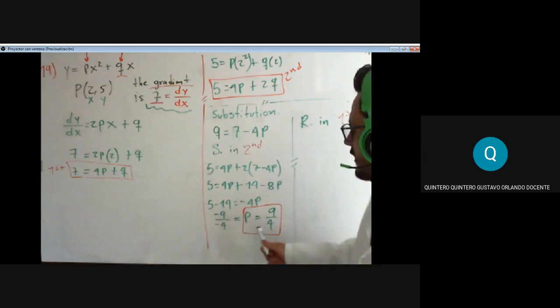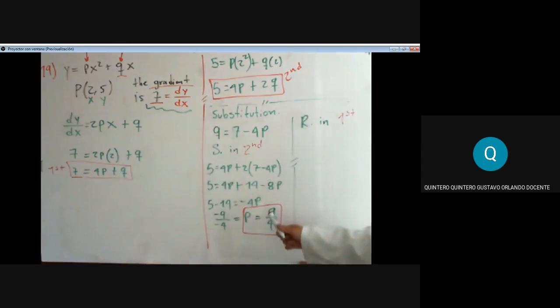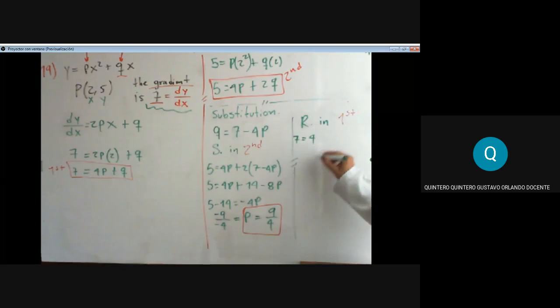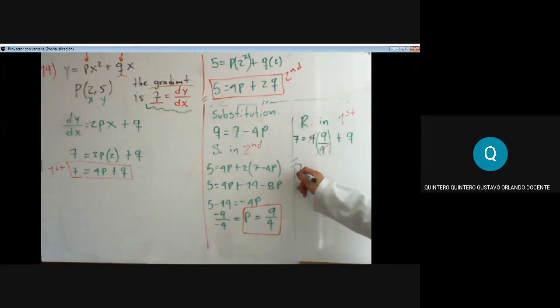All I have to replace is p for 9 over 4. So 7 equals 4 times p, so 4 times 9 over 4 plus q. But look at this. The 4 and the 4 can be canceled because this one is multiplying and this one is dividing, so I can cancel those 4s. And the new equation will be 7 equals 9 plus q.